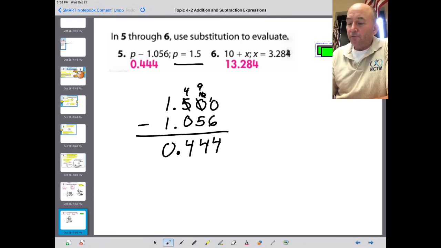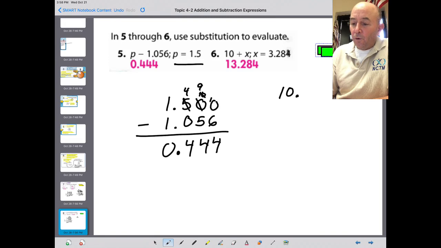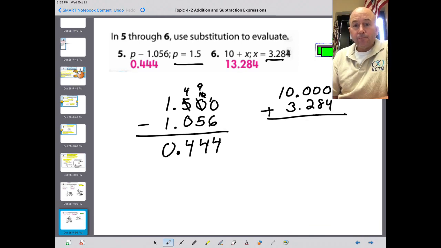Wow, it's a mouthful. So anyways, we're going to take 10, and we're going to add it to the value of x. 10 is a whole number, and you have 3 place values to the number you're adding, the value of x, which is 3 and 284 thousandths, and it's addition, okay?